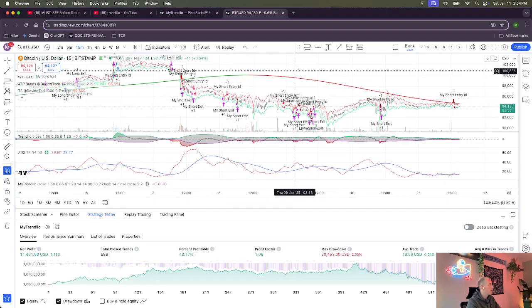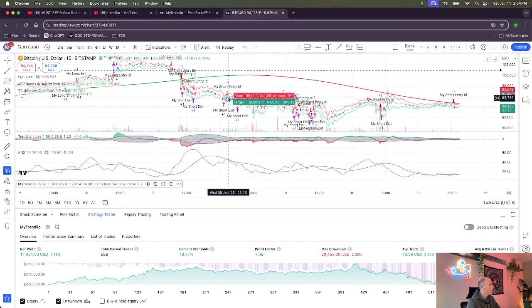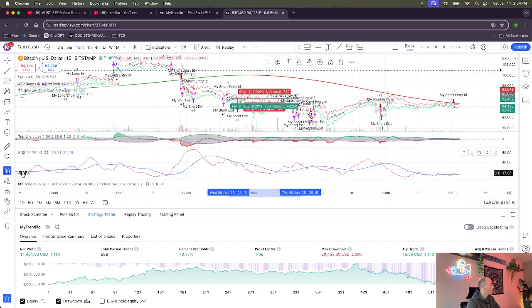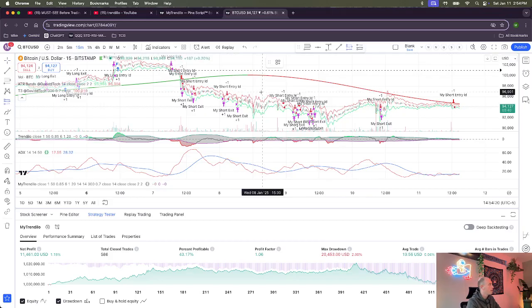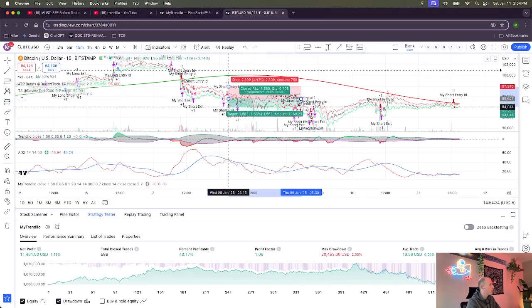But you can see here, this is probably a good example of a short entry. Short entry here, so basically you have here to here.